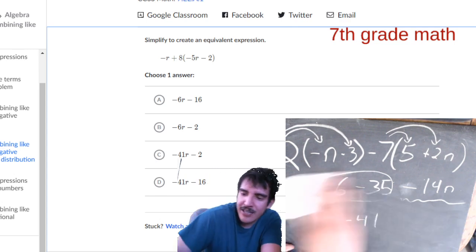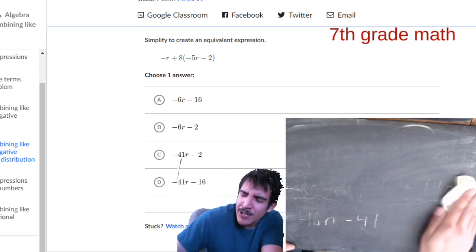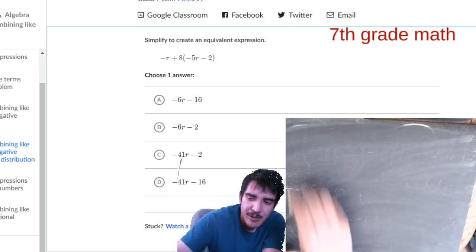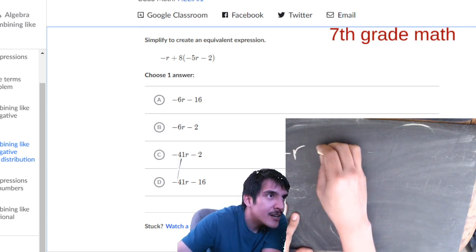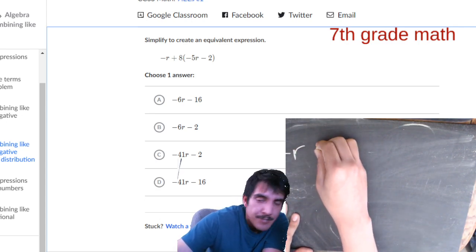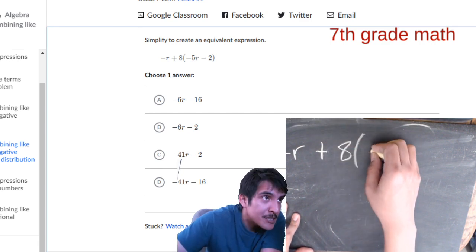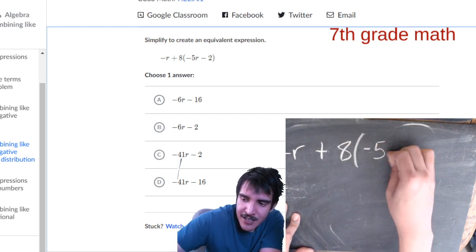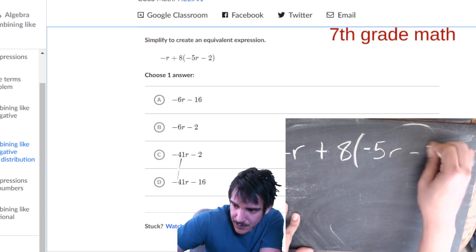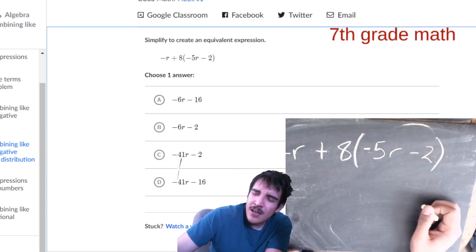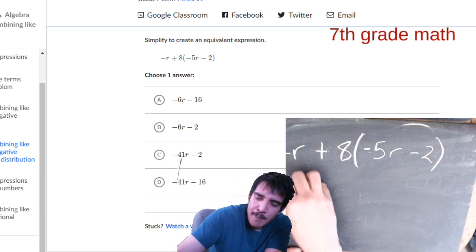Cool, guys. All right. So again, distributive property means to multiply. So let's rewrite this. Minus r, or negative r, plus 8. And then 8 is going to be multiplied by this inside stuff. Bring it down. Minus r.